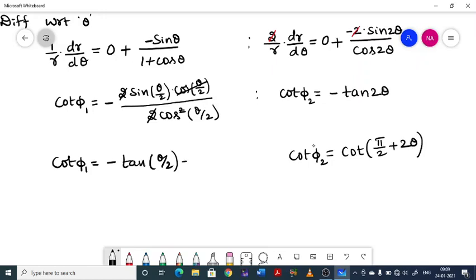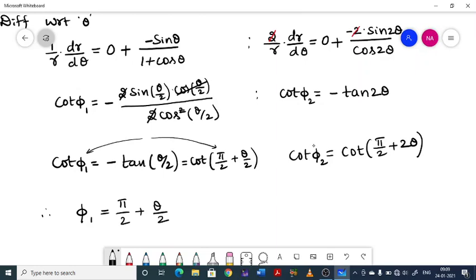And similarly this will be cot of pi by 2 plus theta by 2. Thus, you have to compare these two. Phi 1 will be pi by 2 plus theta by 2. Similarly phi 2 will be pi by 2 plus 2 theta.